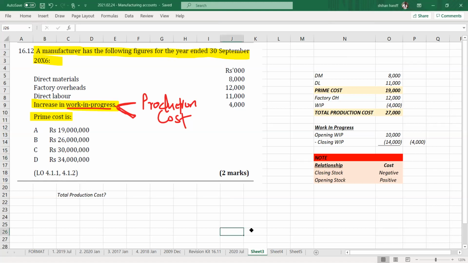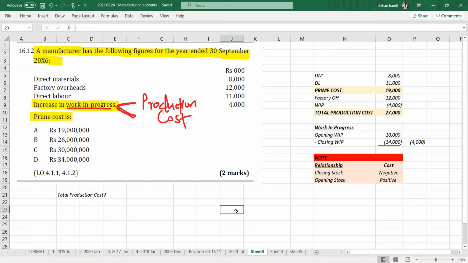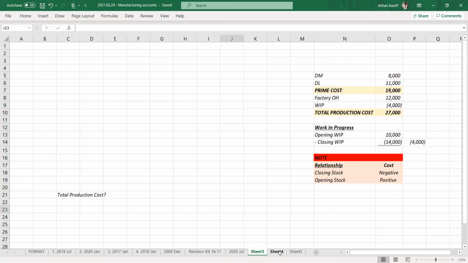Right. So let's do another MCQ question. Is it clear? Is this question clear? Right. So let's do another question.